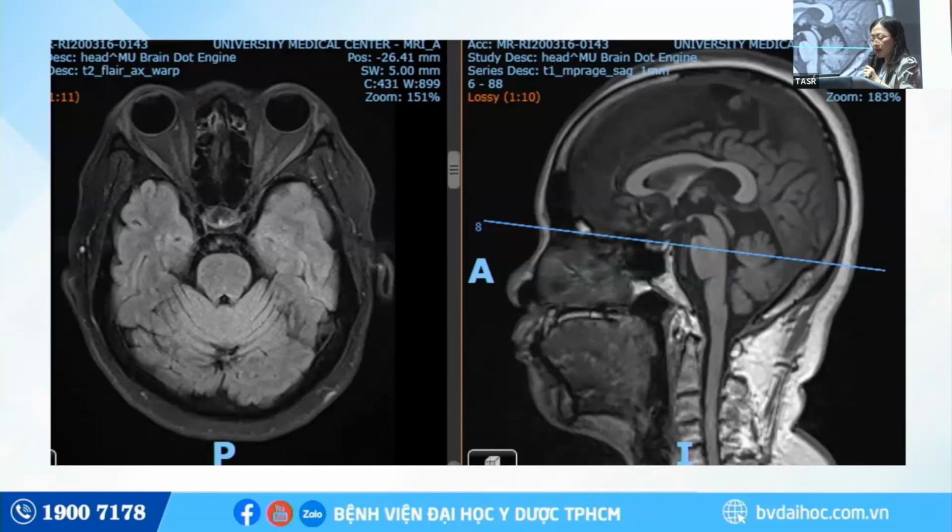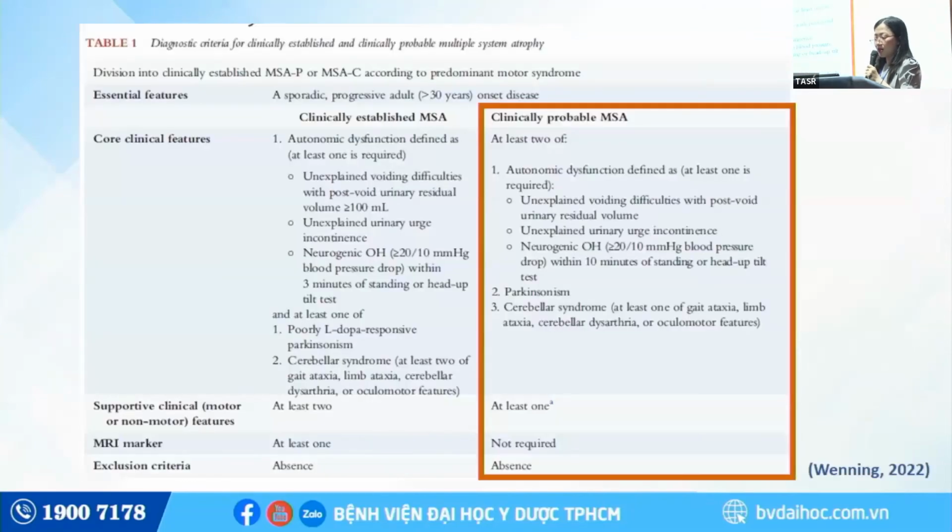Based on the recently published diagnostic criteria of MSA, this patient can have clinically probable MSA because she has autonomic dysfunction and Parkinsonism.